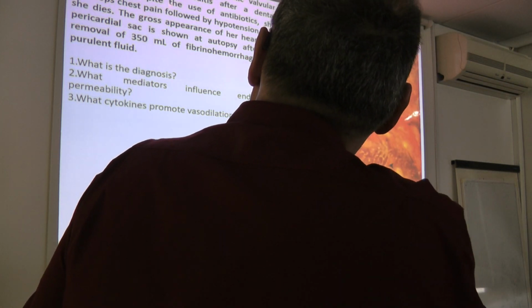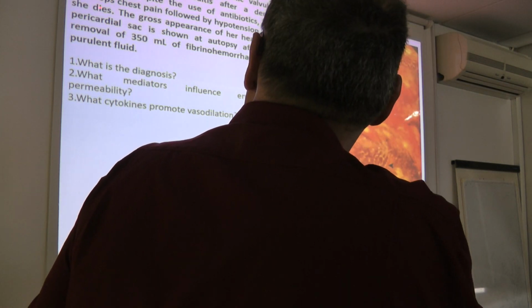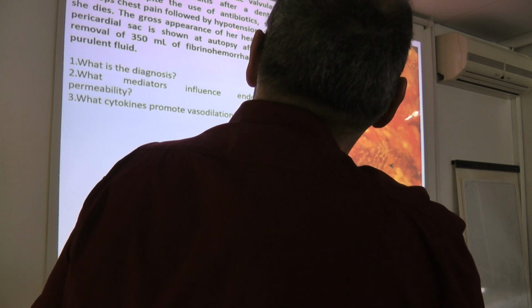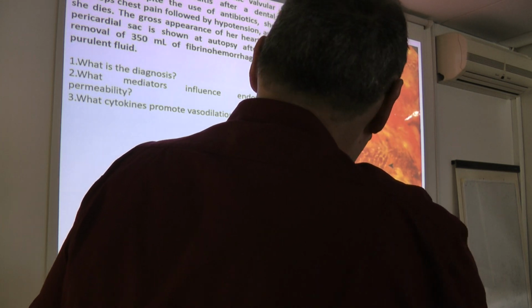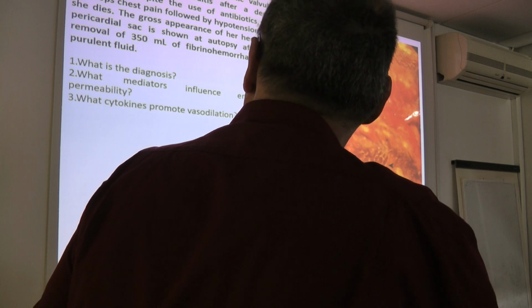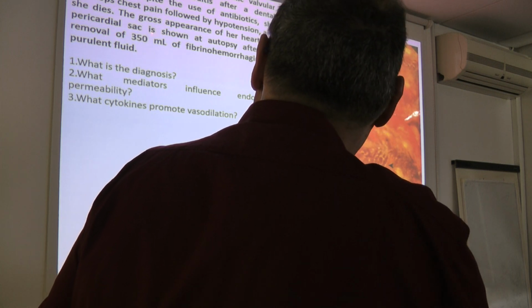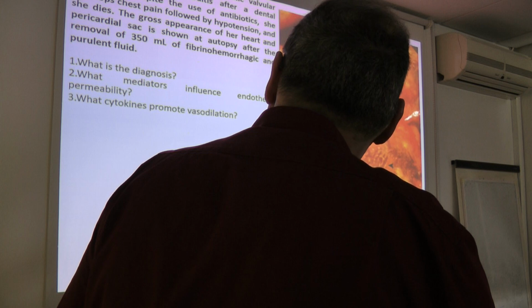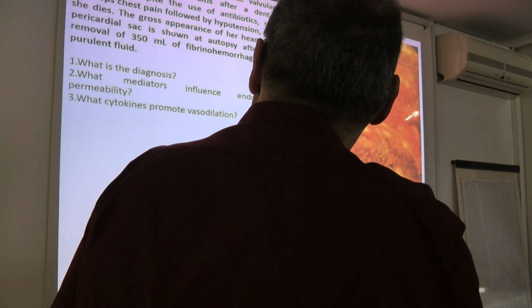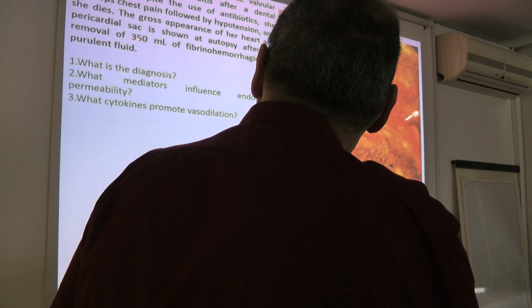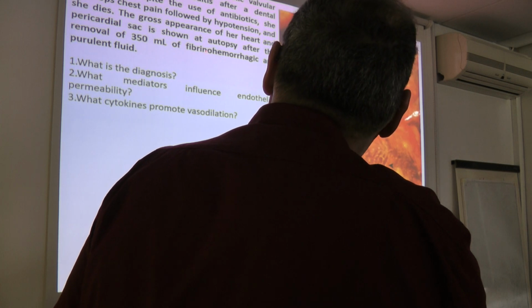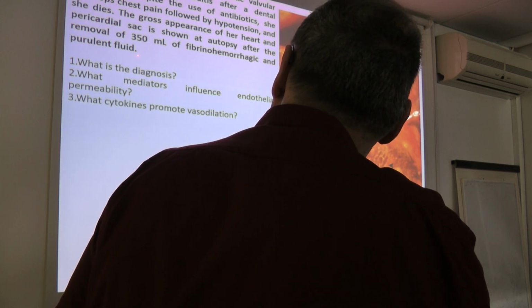So, despite the use of antibiotics, she develops chest pain followed by hypotension and she dies. This is the gross appearance of her heart and pericardial sac at autopsy, after a removal of 350 milliliters of fibrinohemorrhagic and purulent fluid.